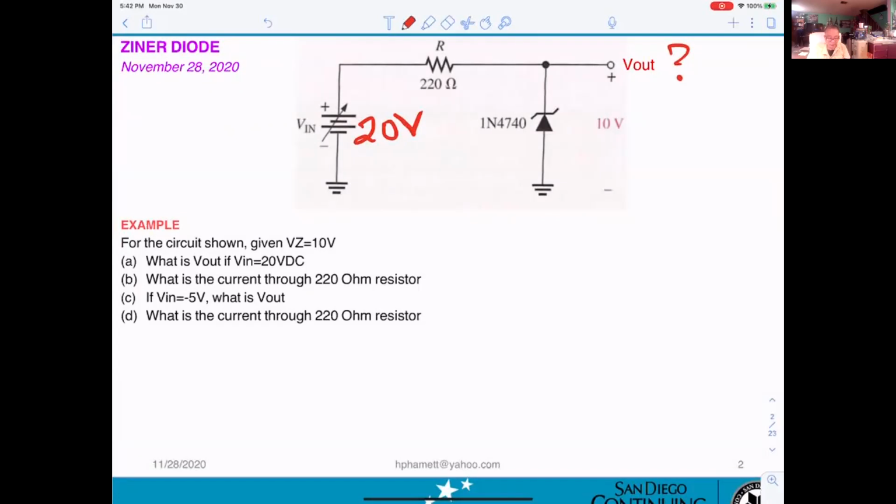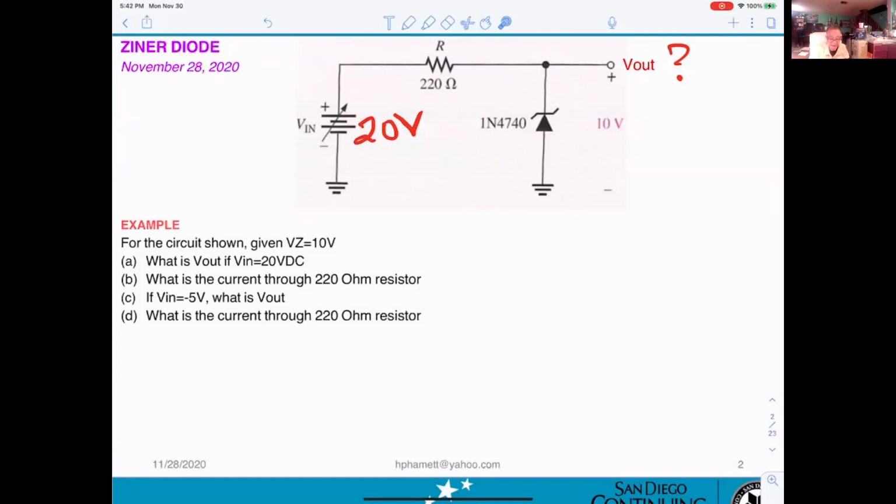Now, I'll try to explain how the Zener here will break down. No matter what, any voltage on this side higher than 10 volt will break it down. That's why in a power supply where you want a 10 volt output, they put a Zener in there.